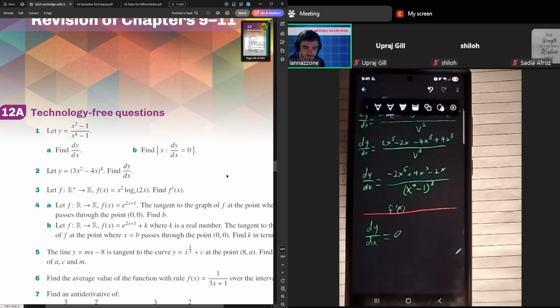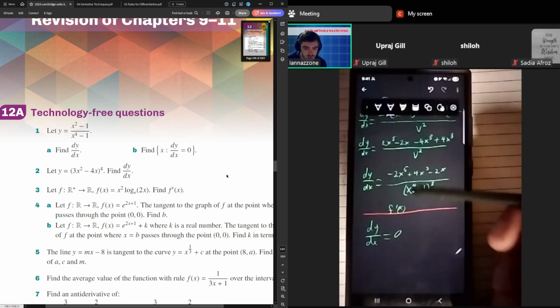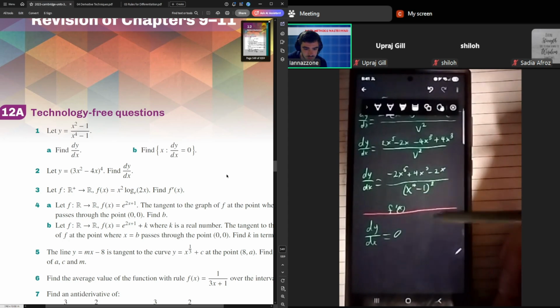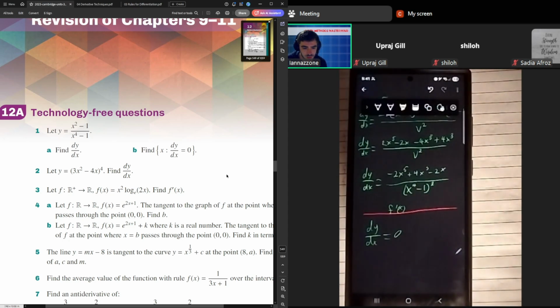How might we go about that? dy on dx equals 0. If this is dy on dx, then it just means this whole fraction equals 0. How might you go about solving that?